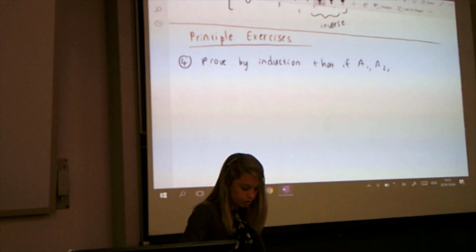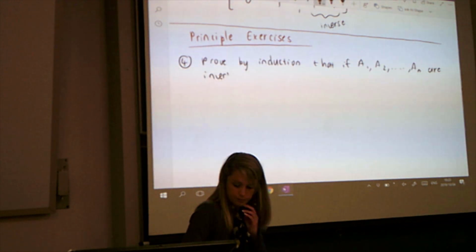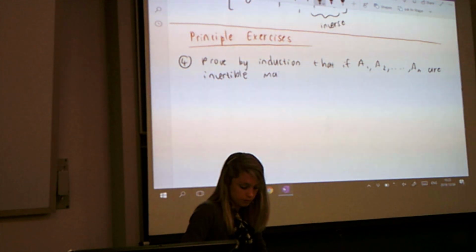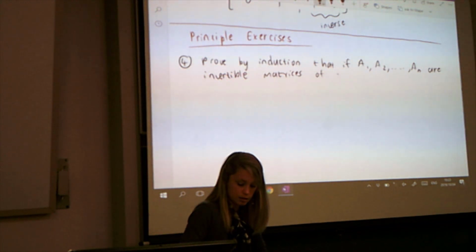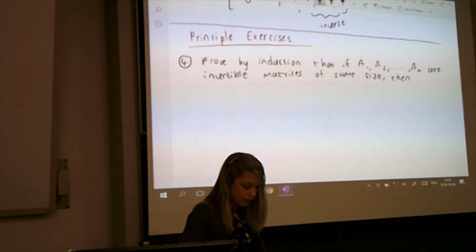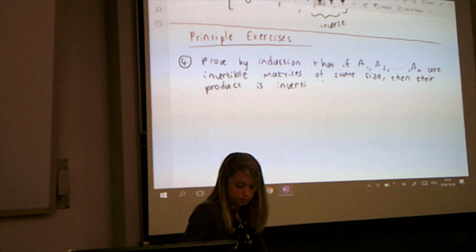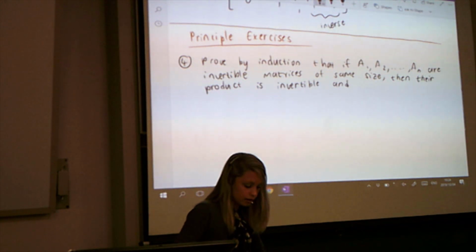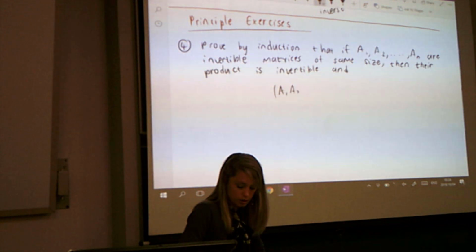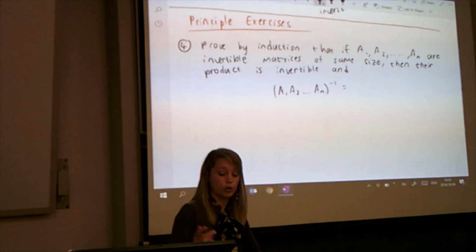If A1, A2, up to AN are invertible matrices of the same size, then their product is invertible, and the inverse of the product, so A1 times A2 up to AN inverse, is going to be the product of the inverses but in the reverse order.